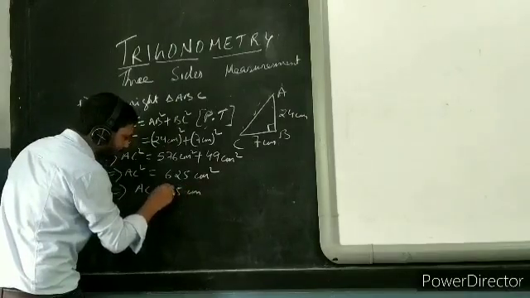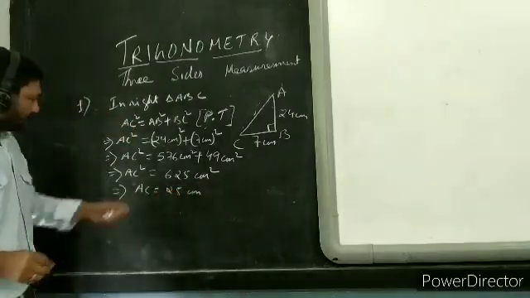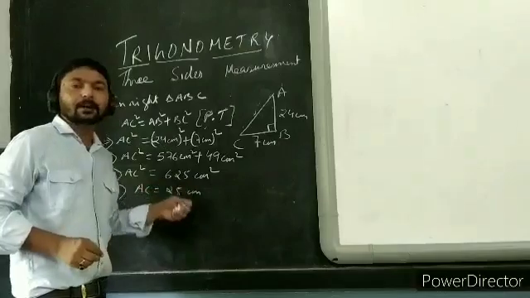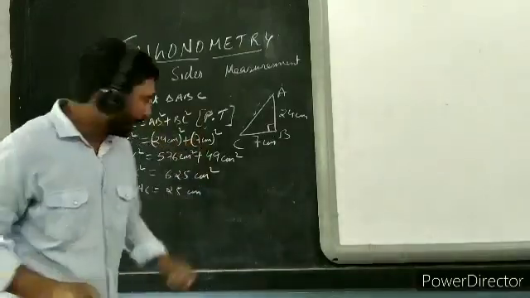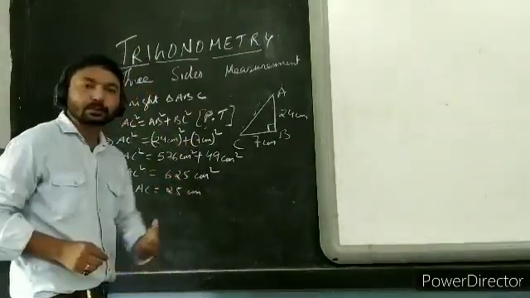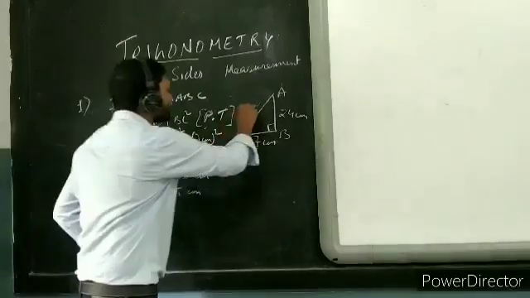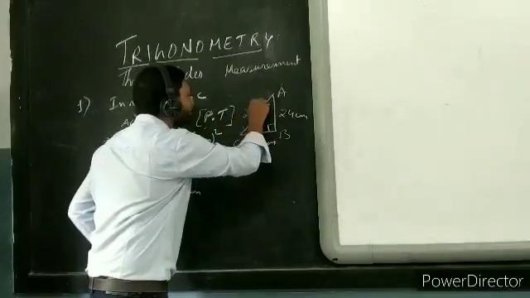Now you all are in class 10, that's why I have not shown you that square will go this side, it will come square root, and the square root of 625 is going to come 25. Now I got the value of AC, that is 25 centimeter.